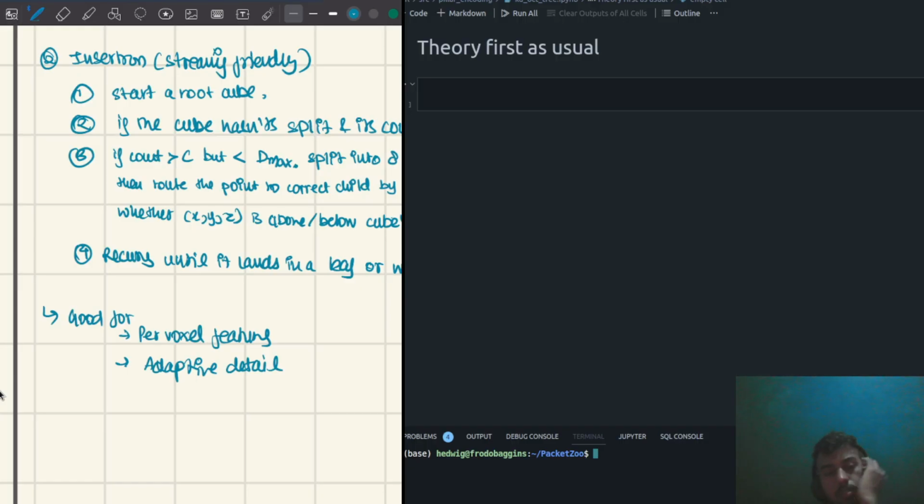Now, each of these, this is how we get that quad tree, right? Because each of them have 4 children.